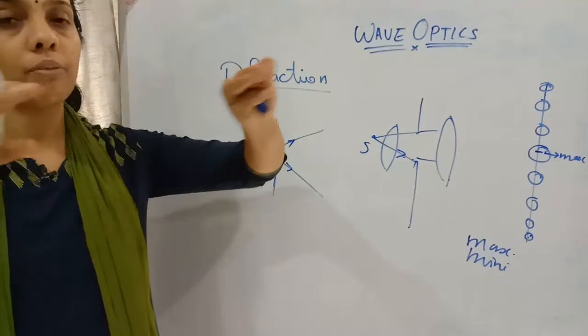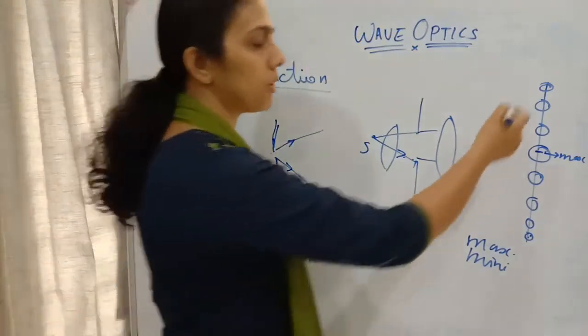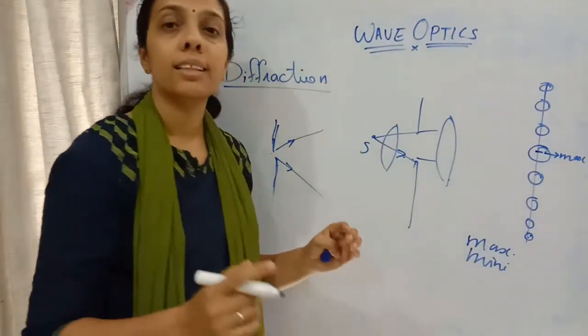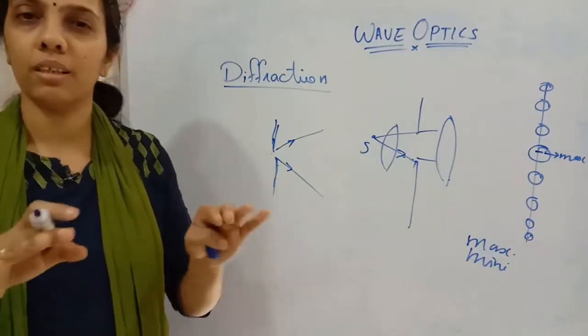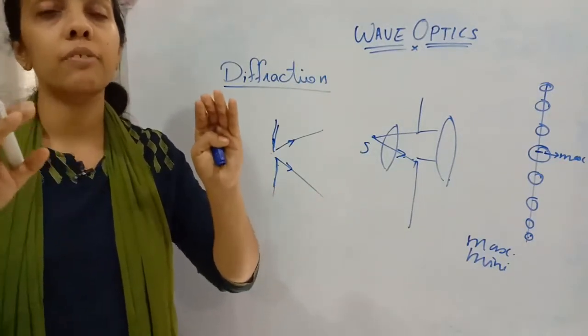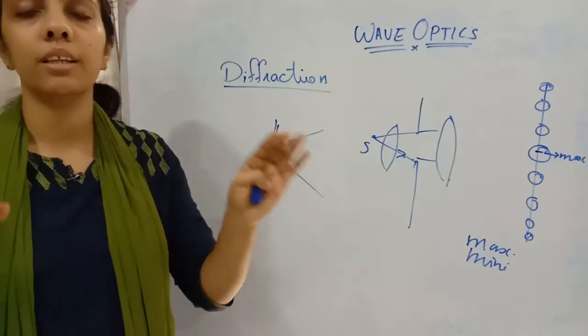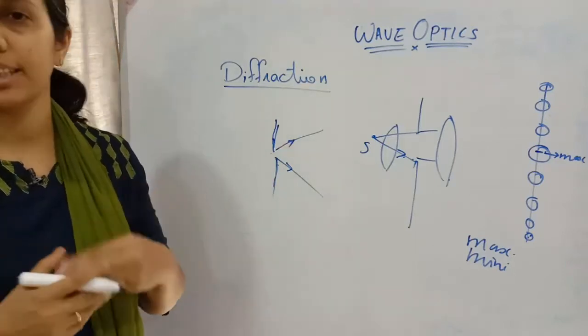When we move away from the center position, the dark and bright fringes almost mix, and we can't differentiate much between them.